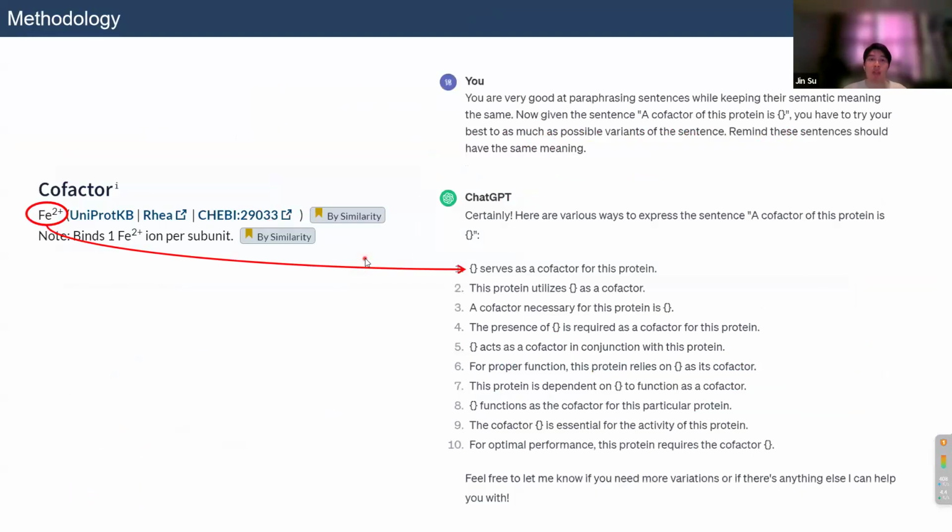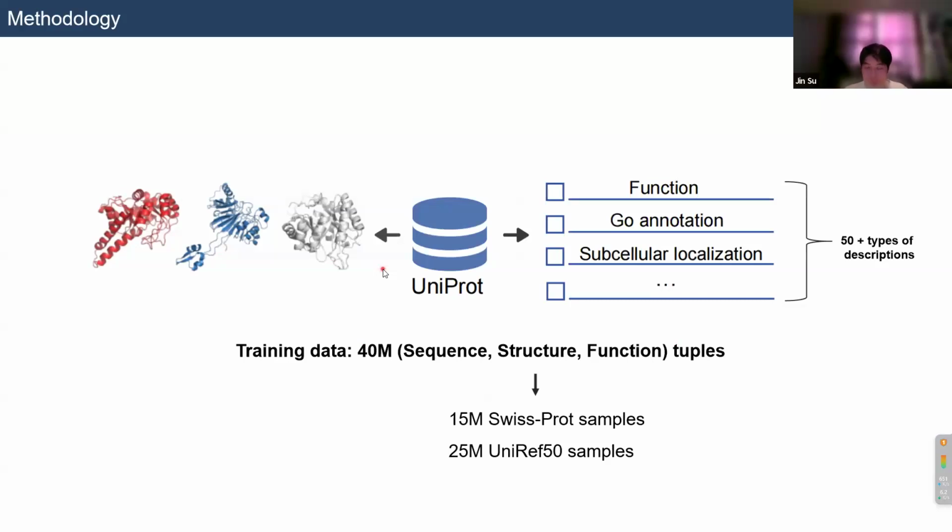So these 15 million samples are a mapping from multiple proteins to multiple texts. One protein can have 10 text descriptions, and one text description can correspond to multiple proteins. So it's not just the number of proteins, but also the protein-text pairs.